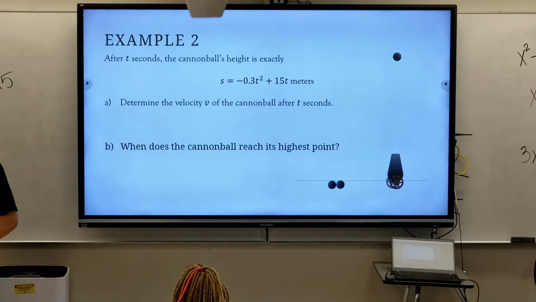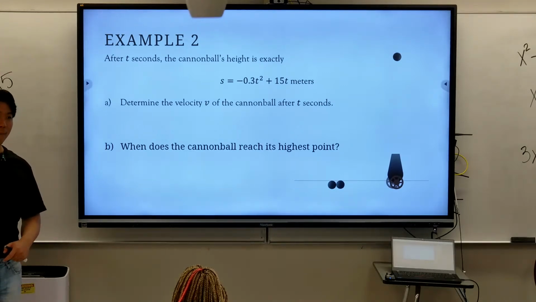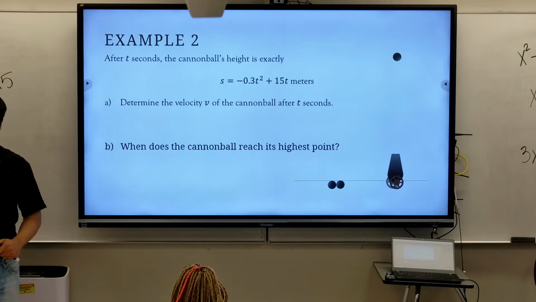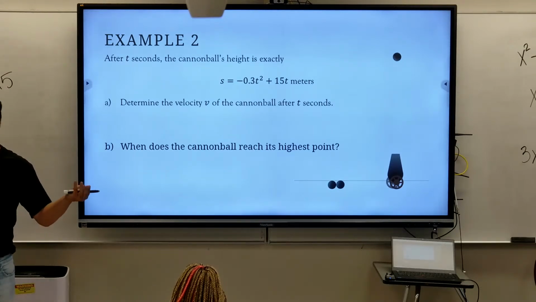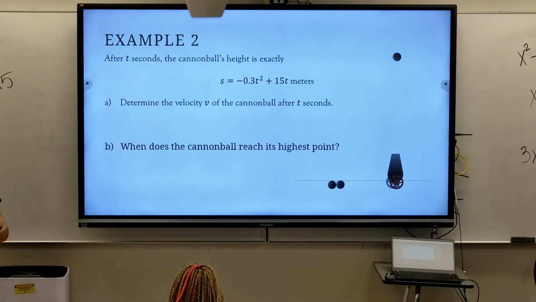So what can I say now about the velocity when it's at that highest point? Yeah, at that highest point, that velocity is actually going to hit 0. So it goes up in the air, and technically for a very brief moment, it is stopped with velocity 0, and then it goes down. Because we can't just go from positive to negative without hitting 0.